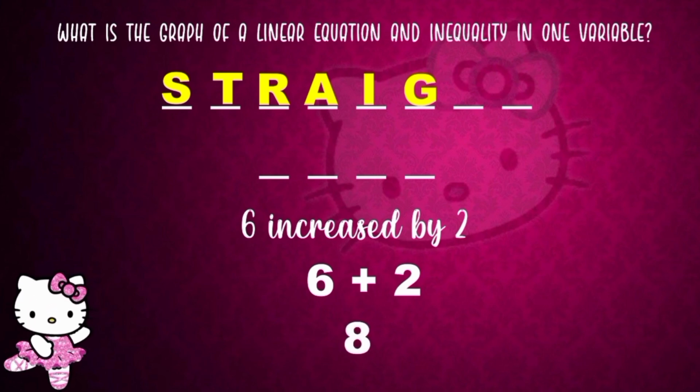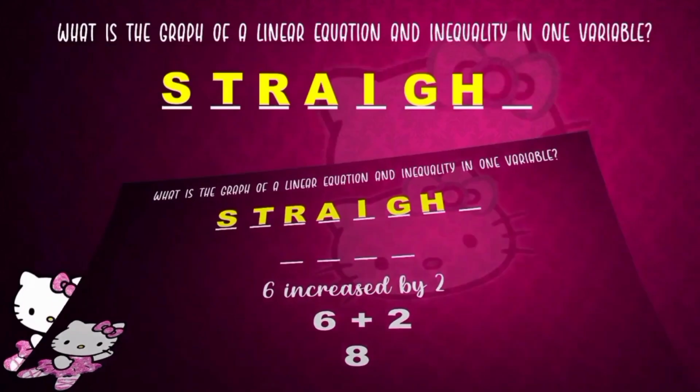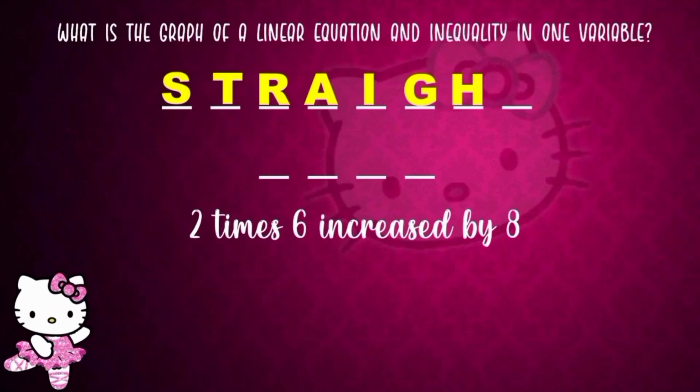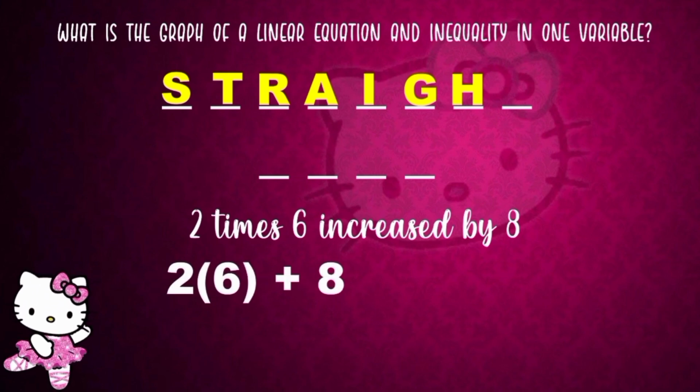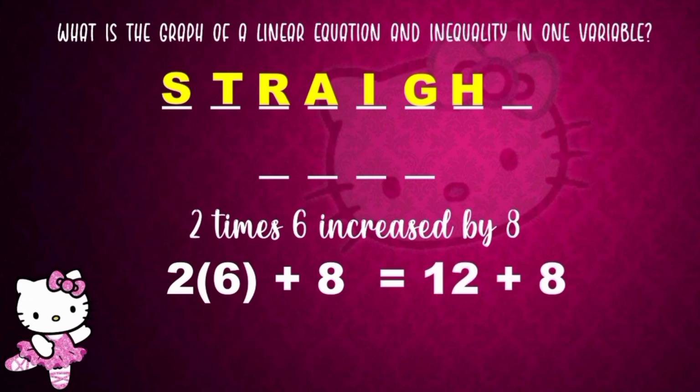And the 8th letter in the alphabet is letter H. Next we have 2 times 6 increased by 8. We have 2 times 6 plus 8. Then we will multiply 2 and 6. That is 12 plus 8. And 12 plus 8 is equal to 20. And the 20th letter in the alphabet is letter T.